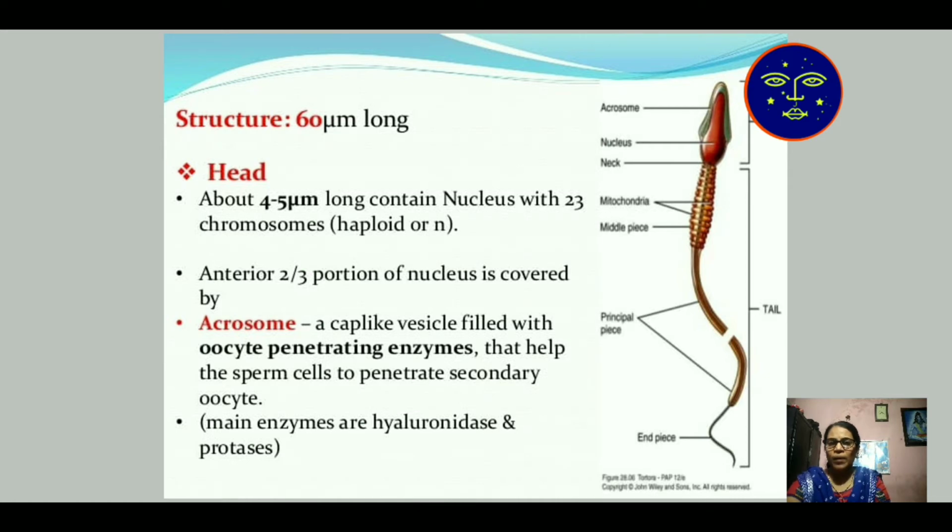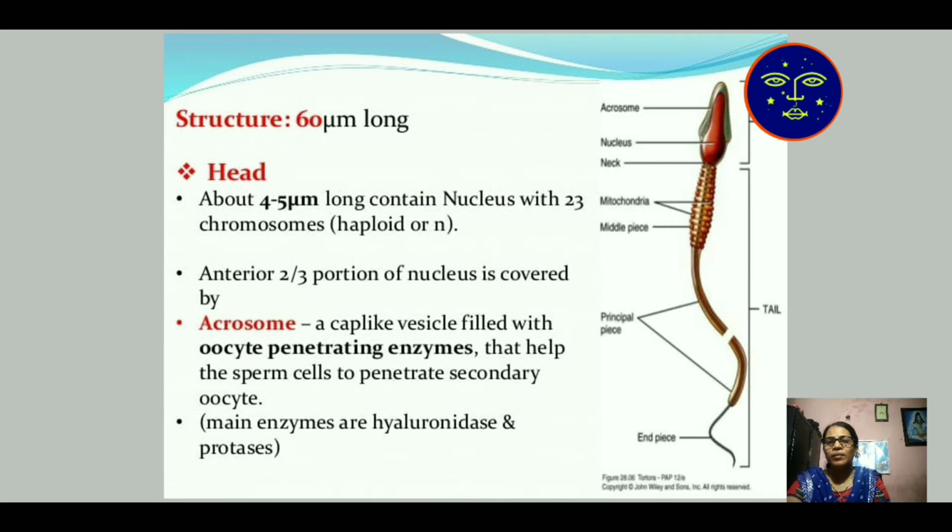The anterior part contains a cap-like vesicle filled with ovum-penetrating enzyme. When this sperm goes towards the ovum, it degrades the ovum wall, and the nucleus enters the ovum, and nuclear fusion occurs in the fallopian tube.